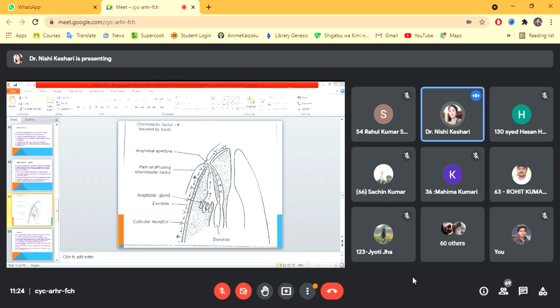This is the path of diffusing chemotactic factor, meaning any chemicals coming in contact with the nematode. Is the picture visible? Yes, ma'am. They contact each other, and because of these contacts the dendrites change.